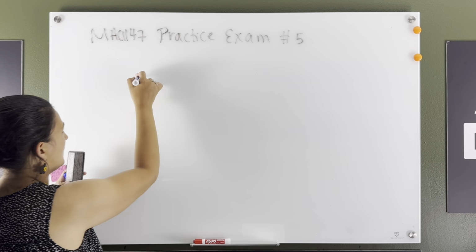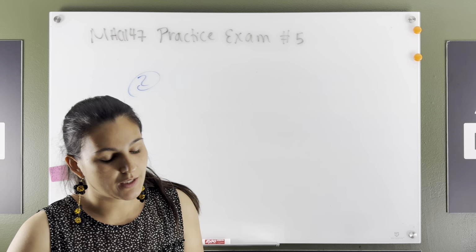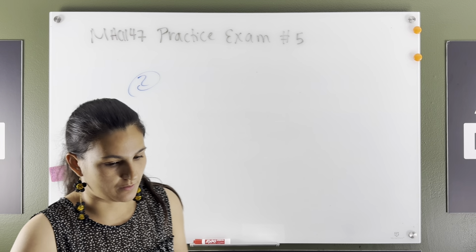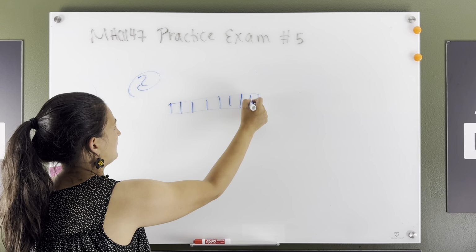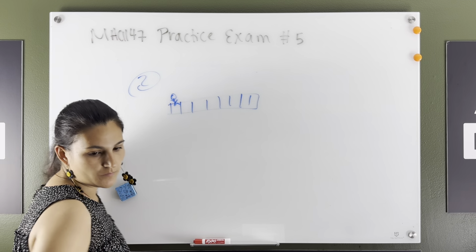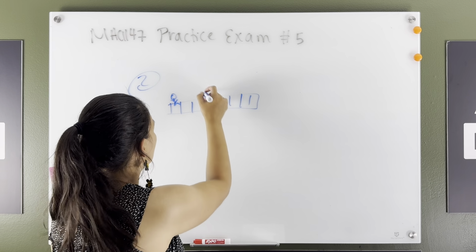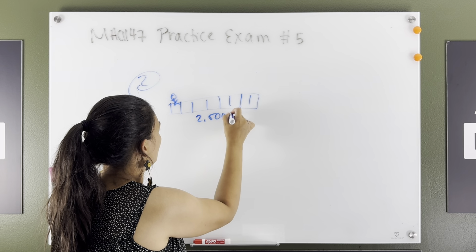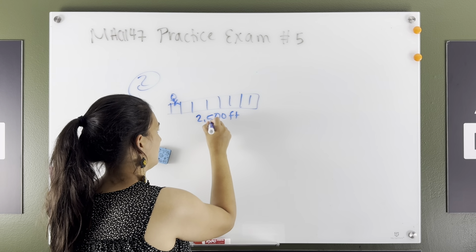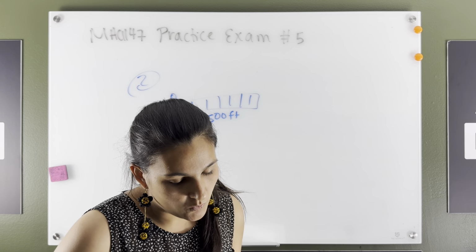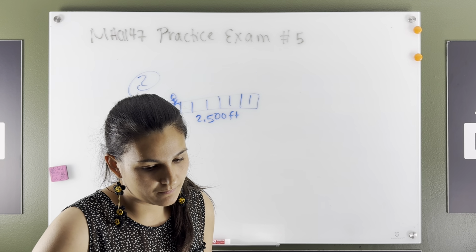Okay. Number 2, another word problem. So here we have a straight hiking trail. Okay, so I'll just do something like this, like a trail that we're walking on, right? Is 2,500 feet long. With a gain in altitude of 310 feet.